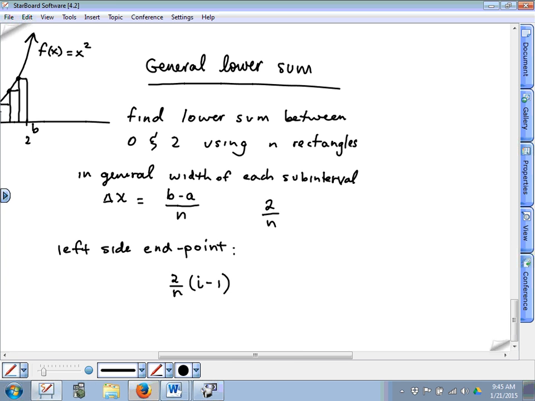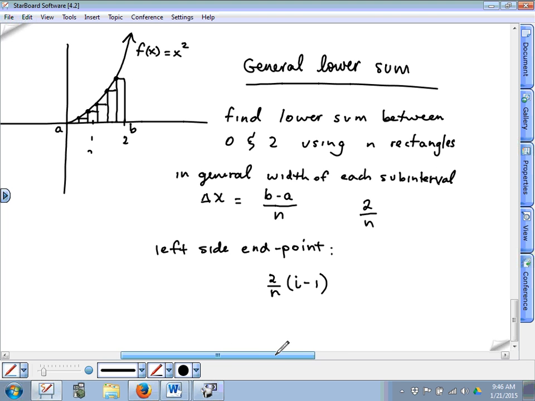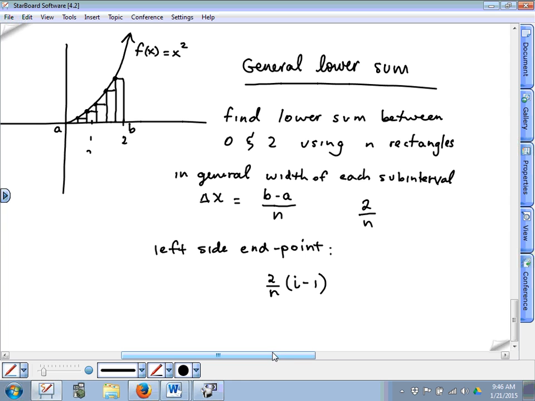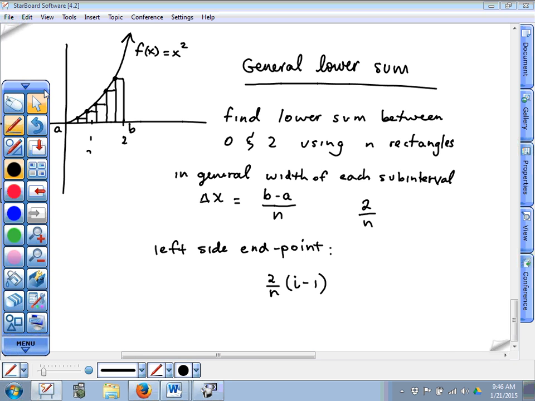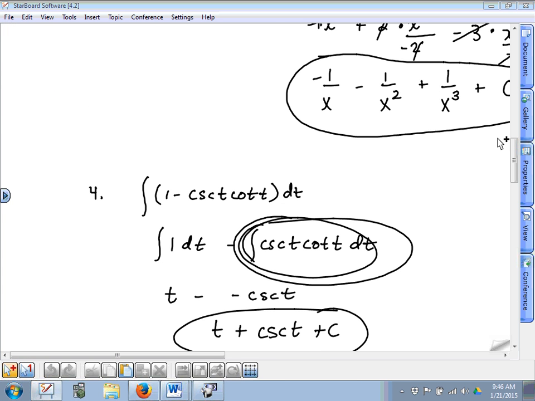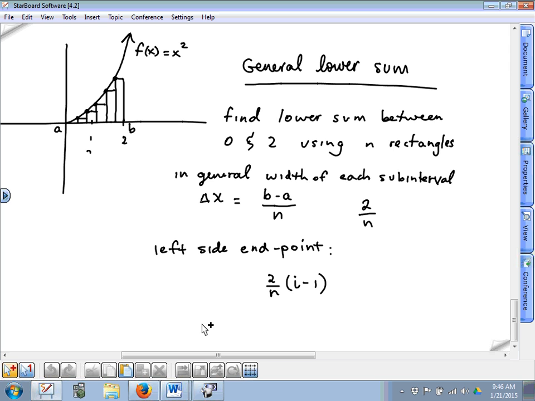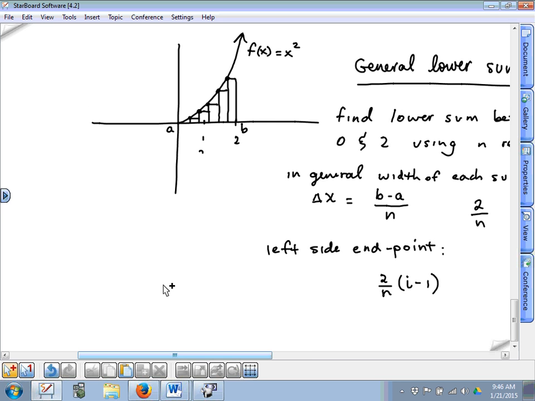So, I'm out of room. Well, lesson's over. I'm out of room. Shoot. All right, hold on. We can fix it. No, we can fix this.